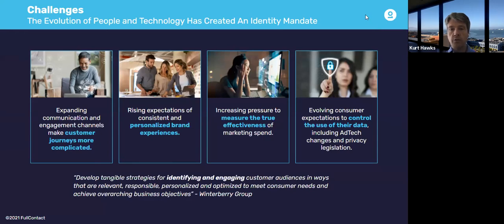Now, also think about it from the consumer side, right? Increasing expectations around privacy, increasing expectations around appropriate use of data, increasing expectations, not just from the consumer side, but from the legislative side as well. So all of these things, all these challenges have created what we think about as an identity mandate. Without identity resolution, I don't believe you can solve these challenges, or actually solve them in a meaningful way. Next slide.